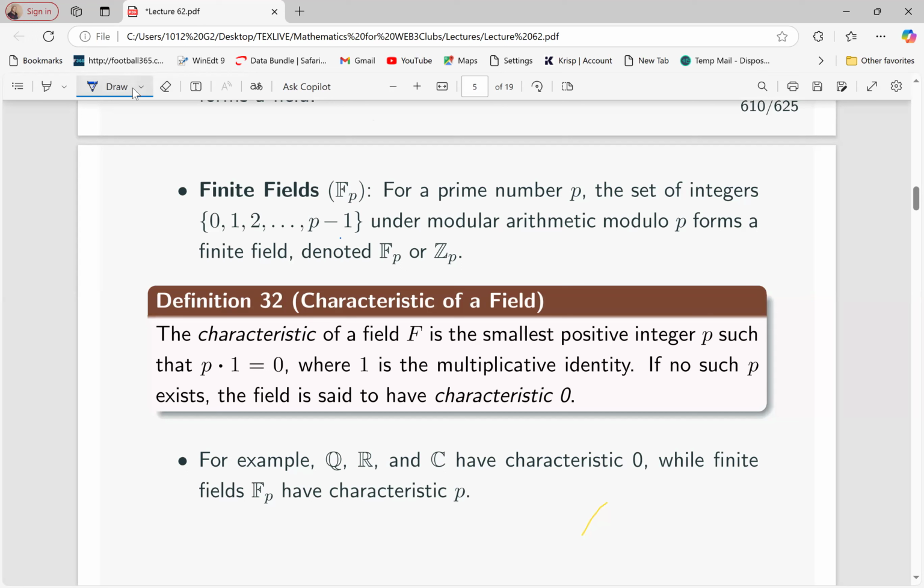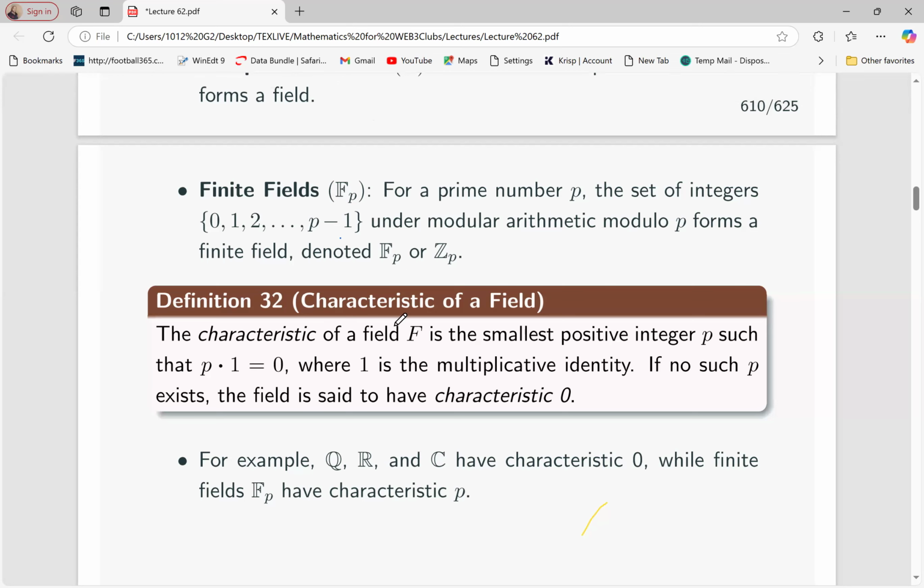Now, before that, we are supposed to know what the characteristic of a field means. When you hear the term characteristic of a field, what does it mean? It just means: can you get a positive element in the field such that, if you multiply it by 1, the result will be 0?